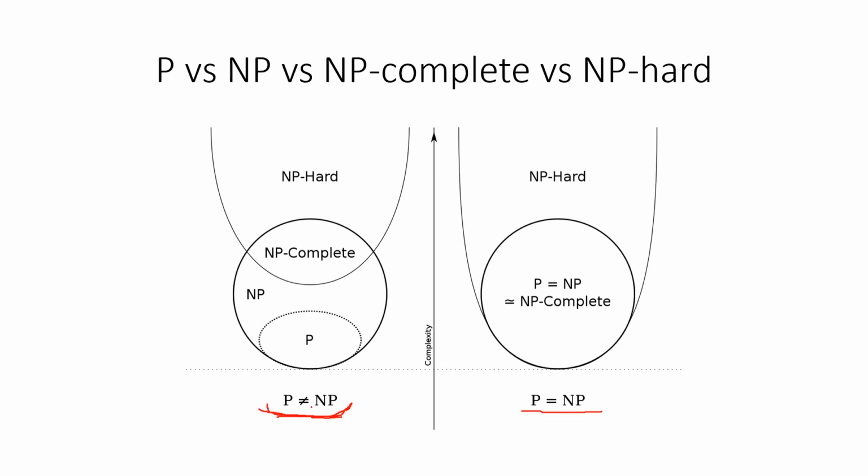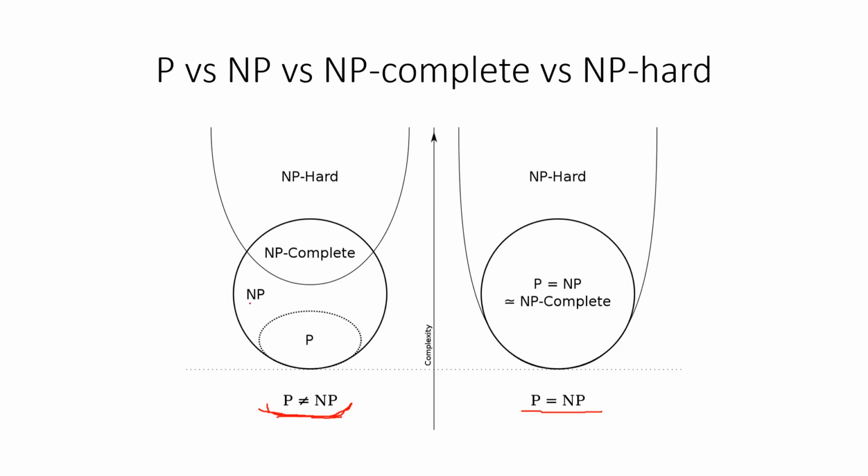So if P is not equal to NP, then P is a subset of NP. If you take a look at the complexity, P is the less complex class of problems in terms of time complexity.